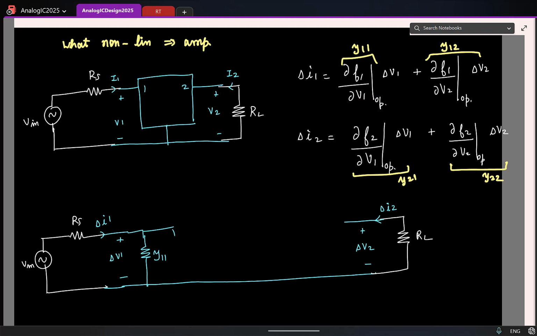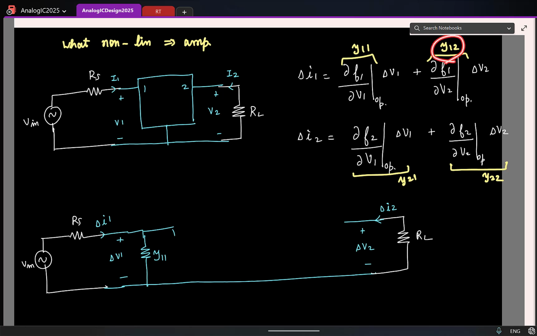The second term, the partial derivative is Y12, Y12 times delta V2. That should be this current. Now what this means is, I am sensing delta V2 and pushing a current into this branch. How do I model this with circuits? I need a current source, but the value of the current source depends on what quantity?